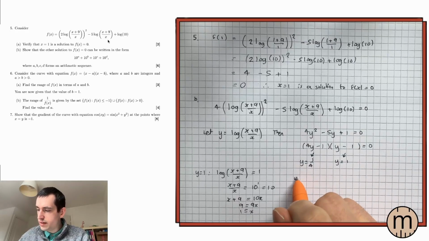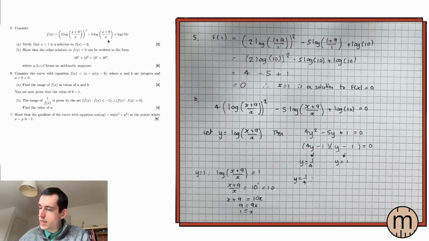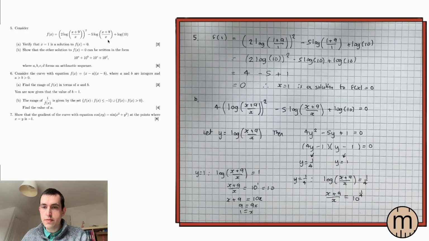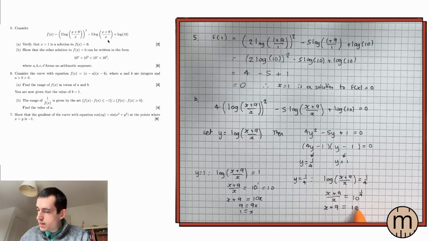Let's find the other one then. If y is equal to a quarter, then log of (x plus 9) over x is equal to a quarter. Raise both sides like this, 10 to the power of the left, the log disappears. 10 to the power of a quarter, we get this. In exactly the same way, I'm going to times both sides by x, like this.